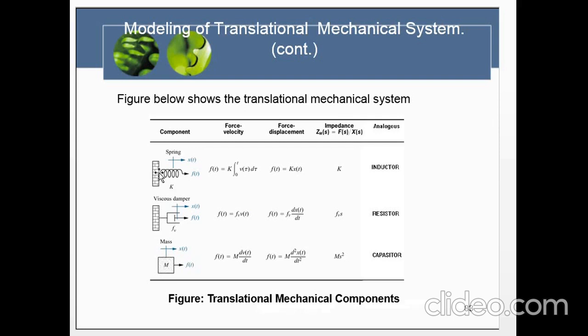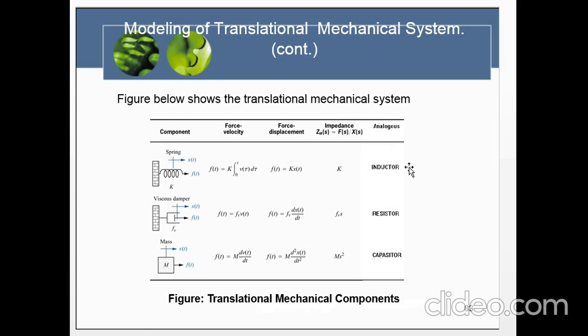First is the spring, the second is the viscous damper, and then the mass. For the spring, force-velocity: f(t) is equal to K times the integral from 0 to t of v(tau) d tau, or force-displacement: f(t) equal to K x(t). The impedance is K, and the electrical analog is the inductor.